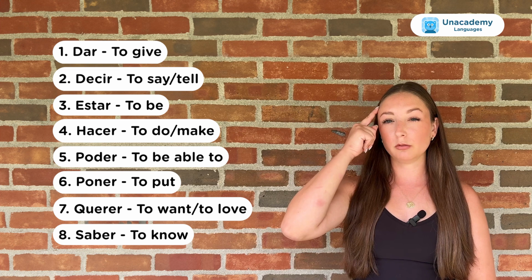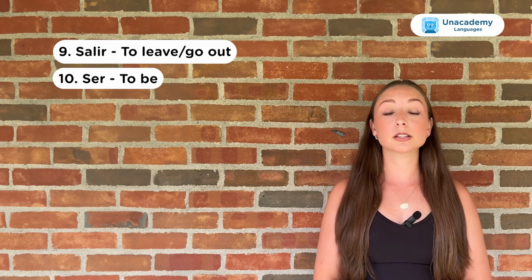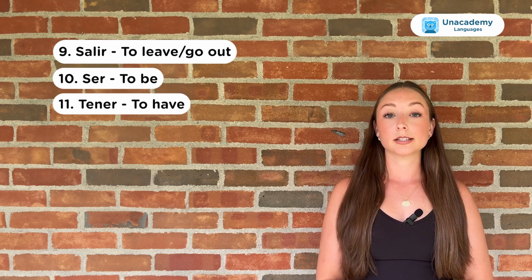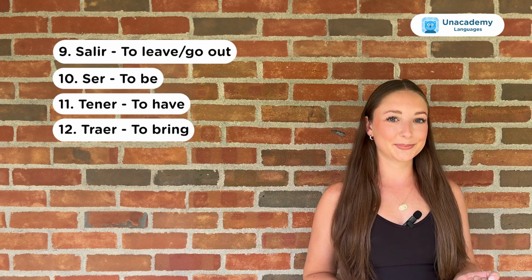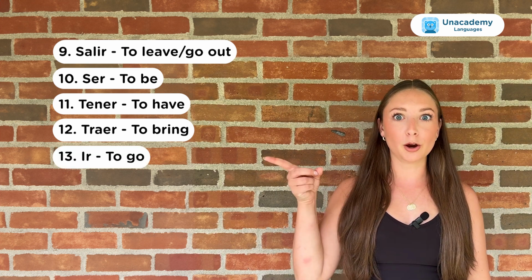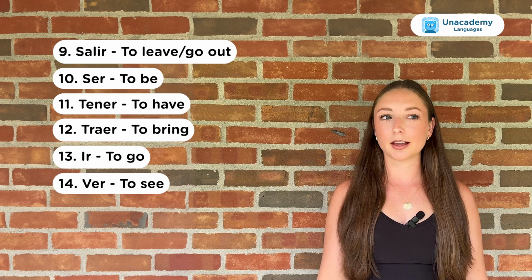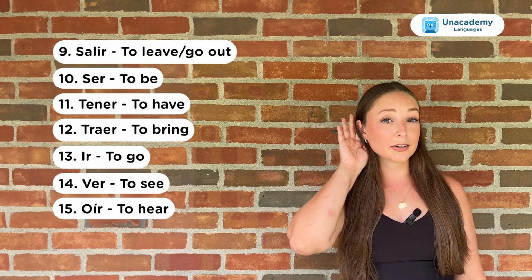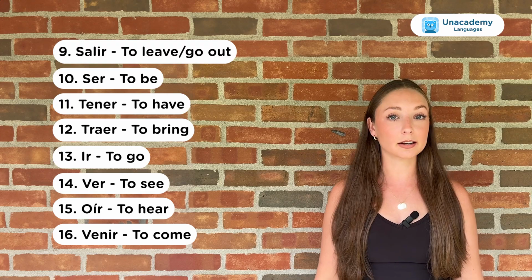Saber, to know. Salir, to go out. Ser, to be. Tener, to have. Traer, to bring. Ir, to go. Ver, to see. Oír, to hear. And finally, number 16, venir, to come.